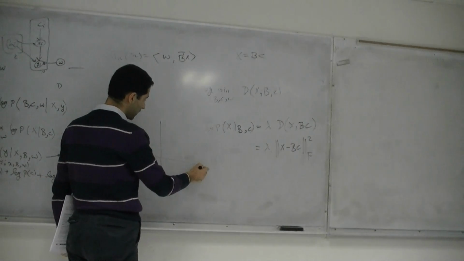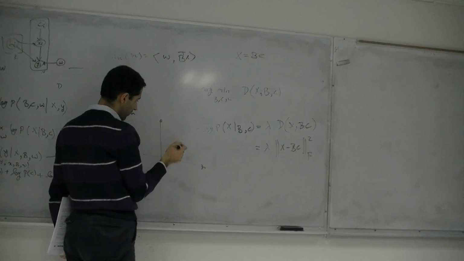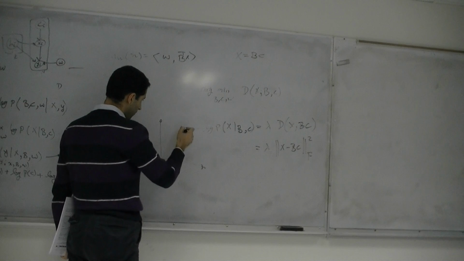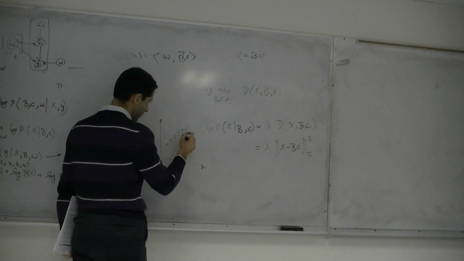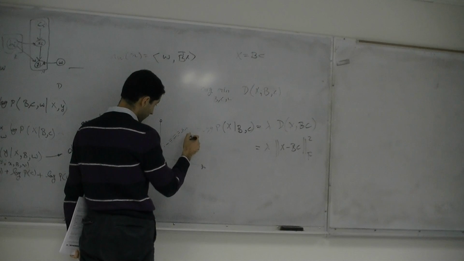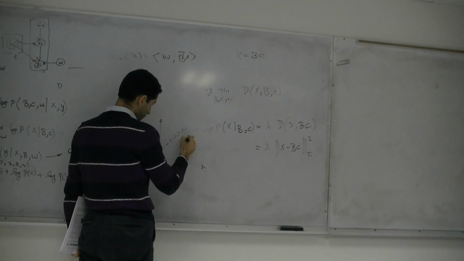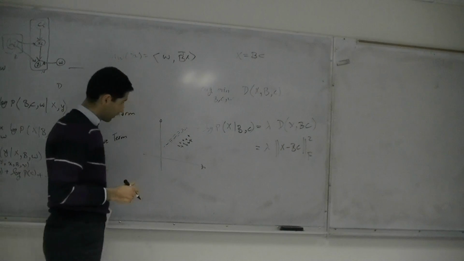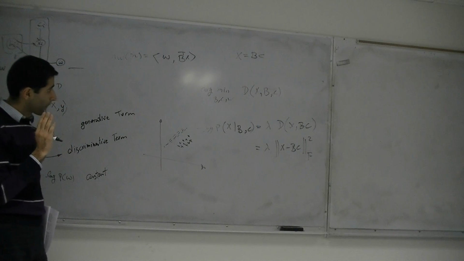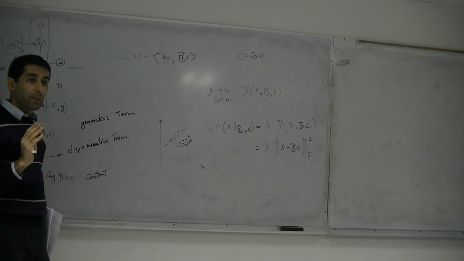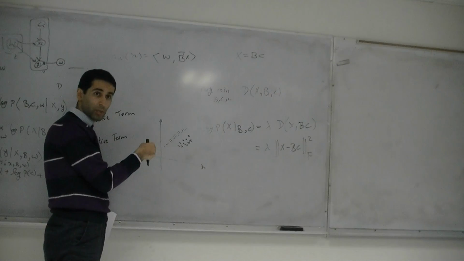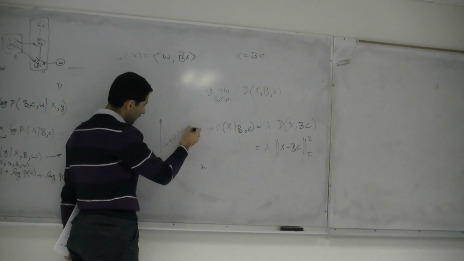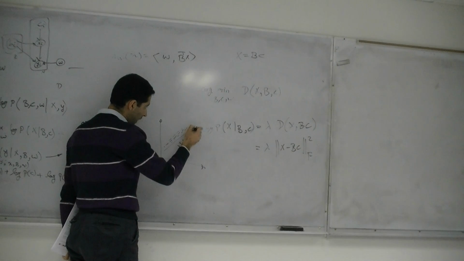For example, if we have 2D data and we have, for example, a dot here, and if we want to select the best dimension to describe this set of data, maybe we can use this one.